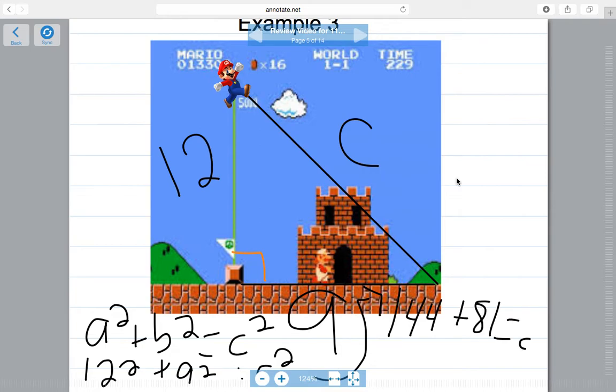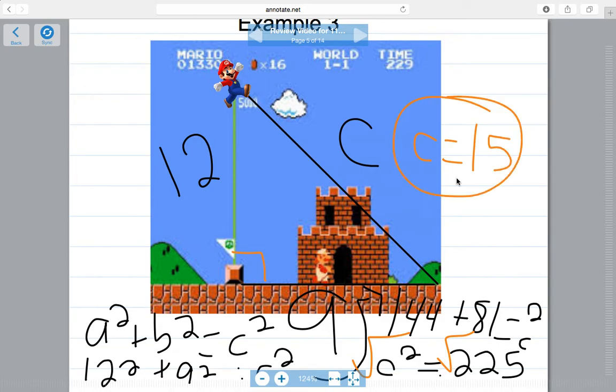That equals c squared. 144 plus 81 is 225. And then the square root of both sides leaves you with c equals 15. So that hypotenuse is 15.